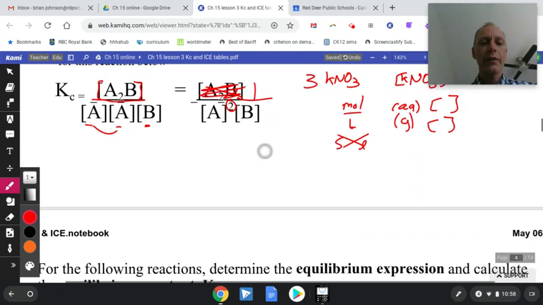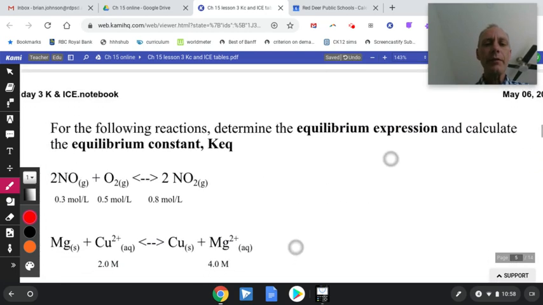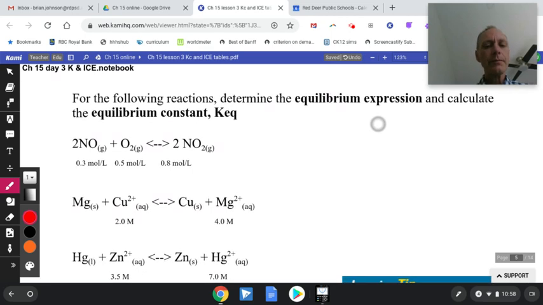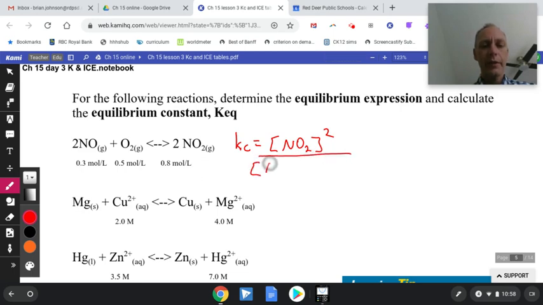Lots of talking, lots of theory. Okay, let's practice it. In your notes, you have this chemical equation and you're asked to write out the equilibrium expression. Kc is the concentration of NO2, and there are 2 moles, so it's squared. There's our products over reactants, concentration of NO squared.